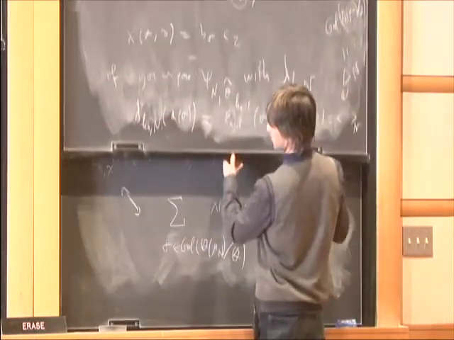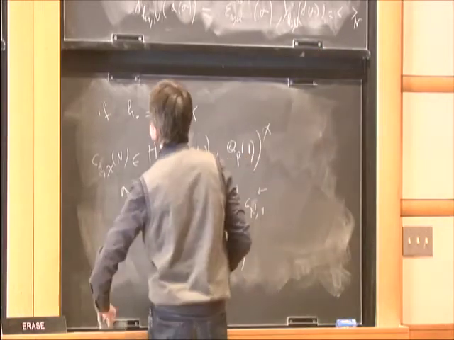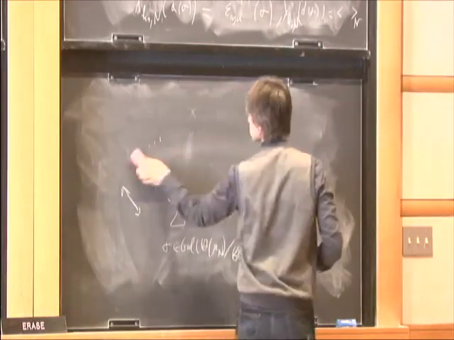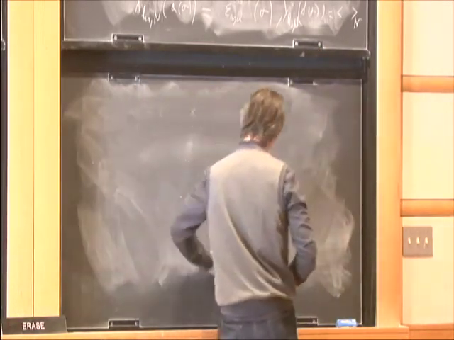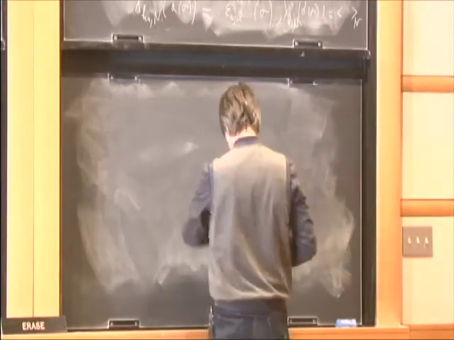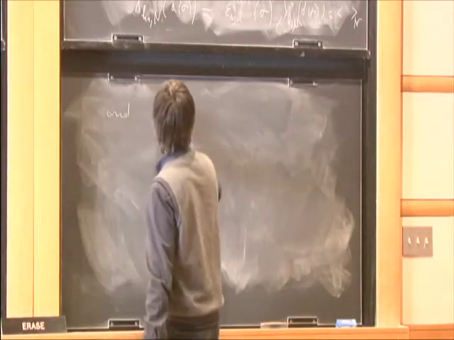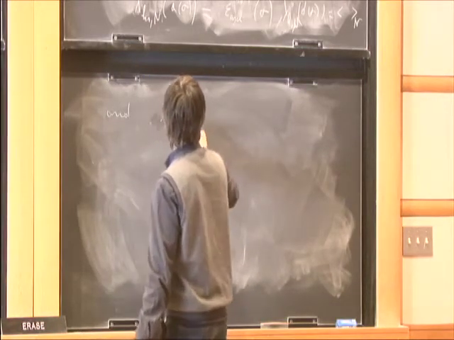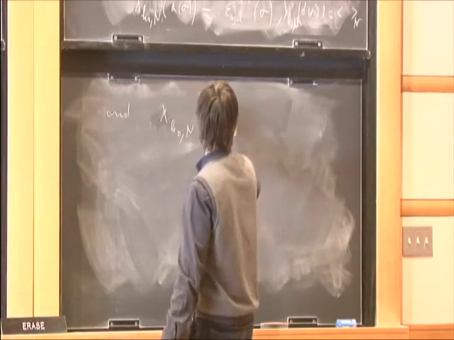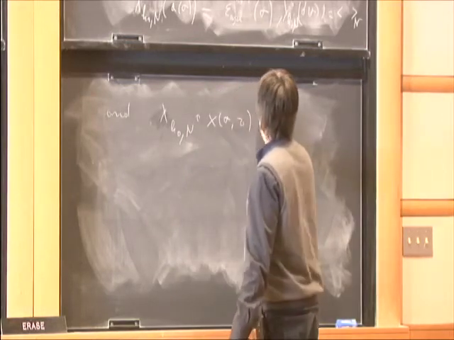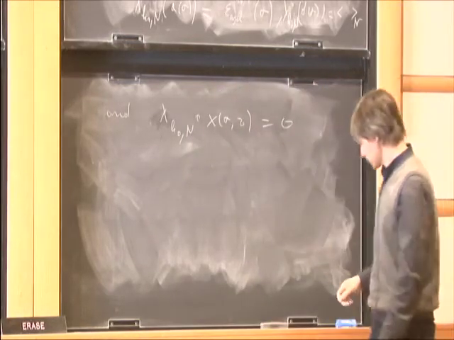And Lambda_{k naught, n} was with X of sigma, tau equal to 0, because this is reducible.